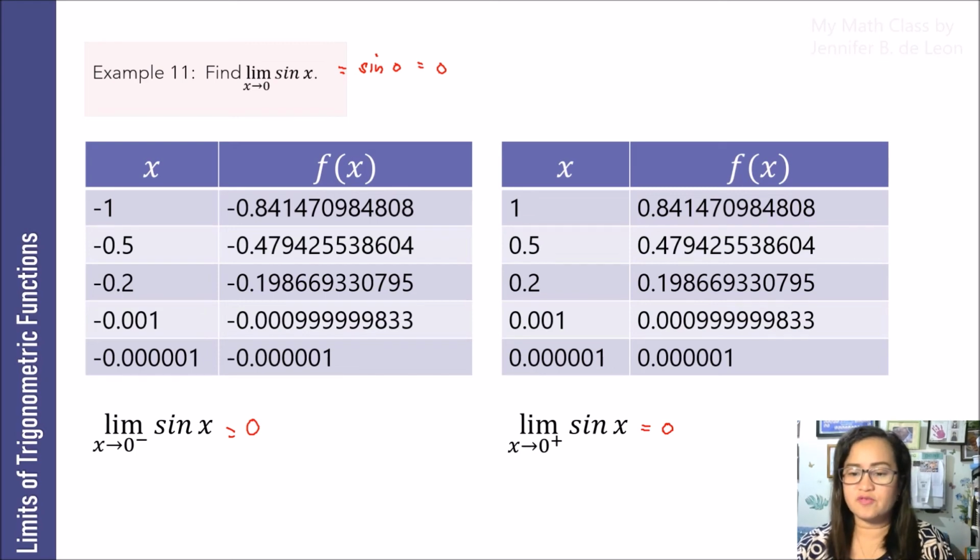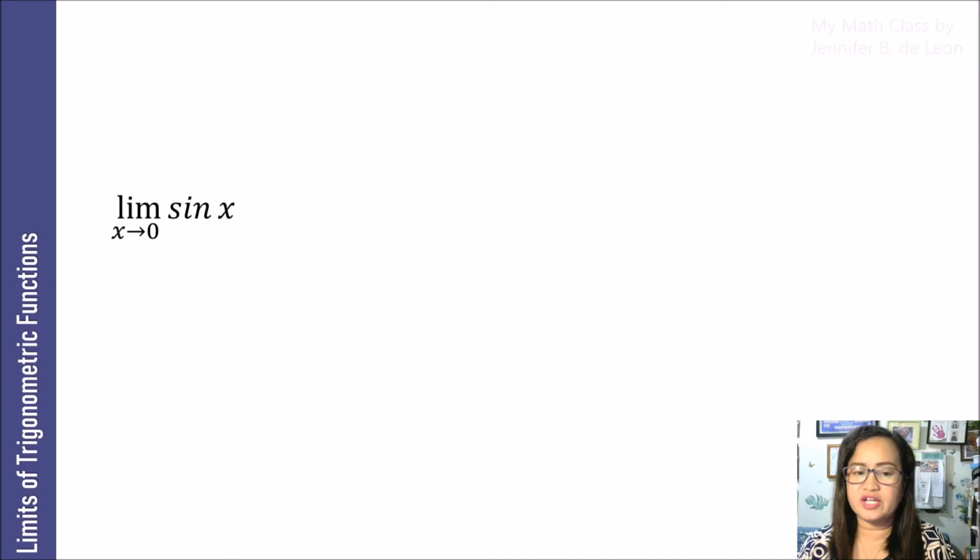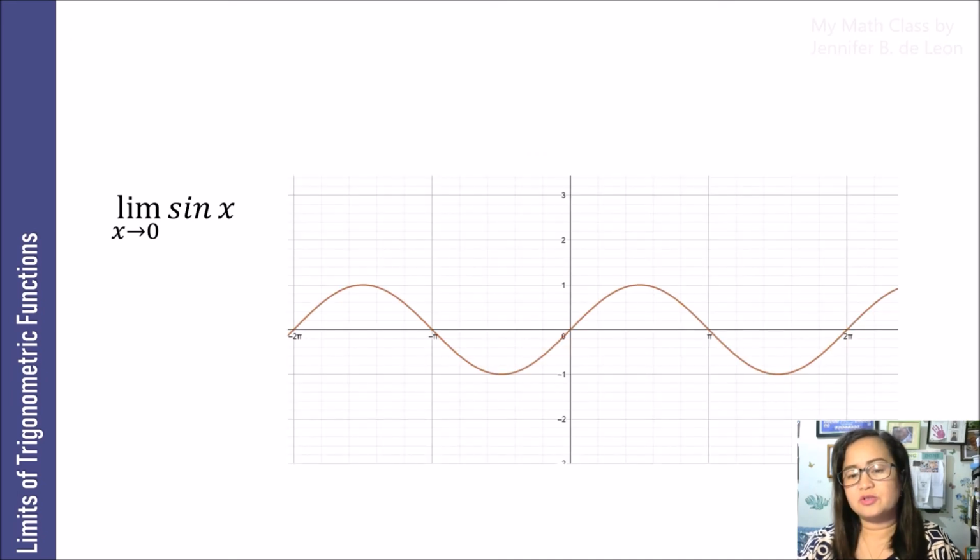Now let's confirm using the graph of sine x. Looking at this graph, as the value of x approaches 0, here is 0, which is the origin. As x approaches 0, the value is equal to 0.